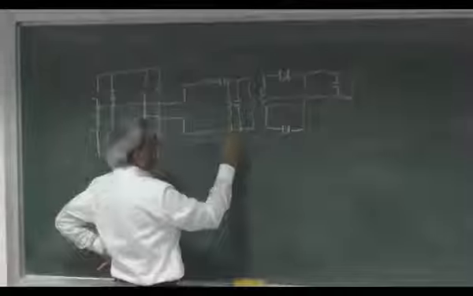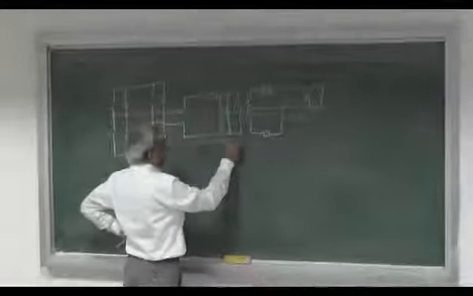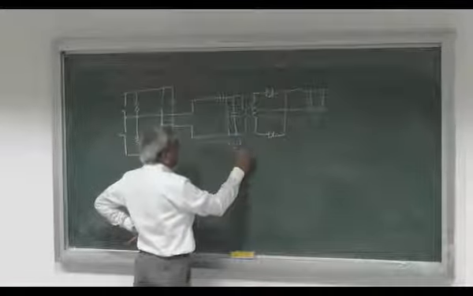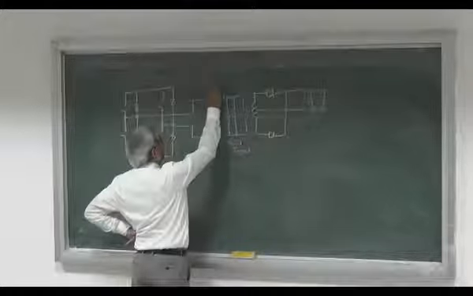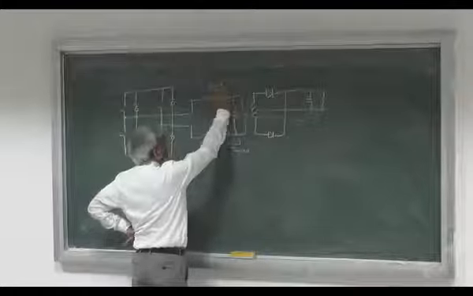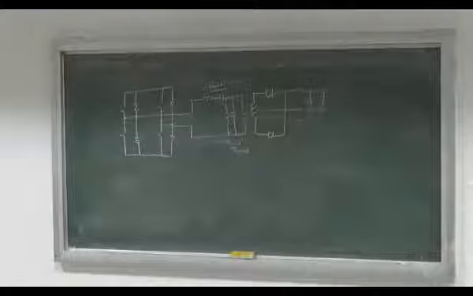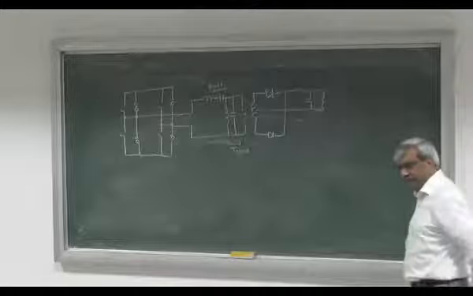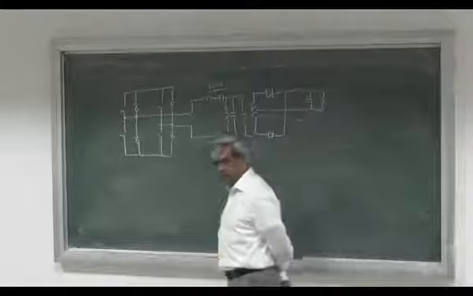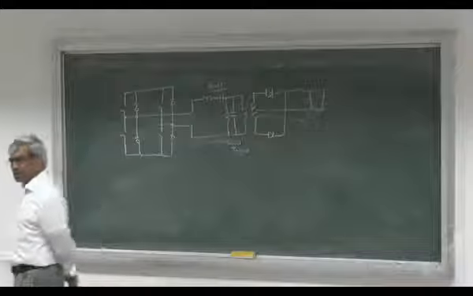We discussed that if we are using this tuned branch and this tuned branch, then we have the best of the series resonant as well as the parallel resonant converter, and it is operating at constant frequency.